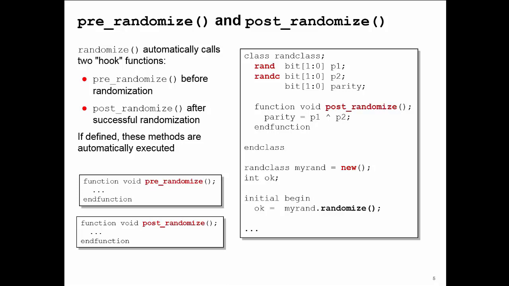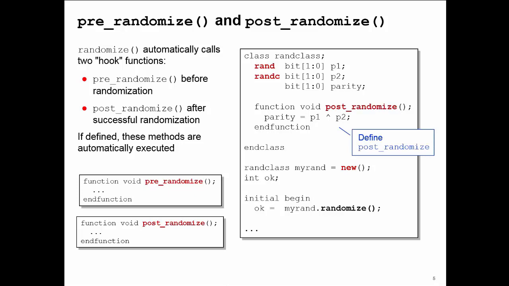So both of these are void functions with no arguments called pre_randomize and post_randomize. You must get the name right in order for these to be automatically executed, and this is randomize with a Z, not an S. So in this example here, I've got my post_randomize function declared in rand class.